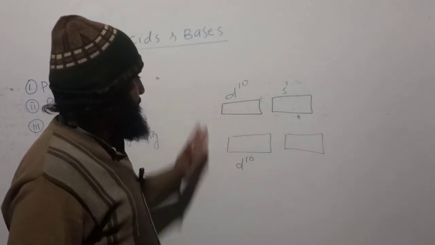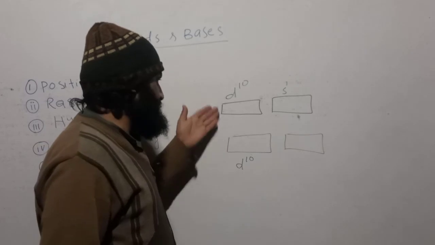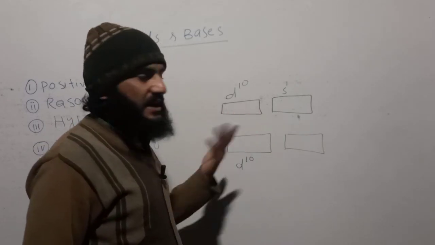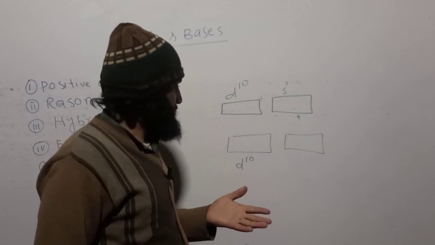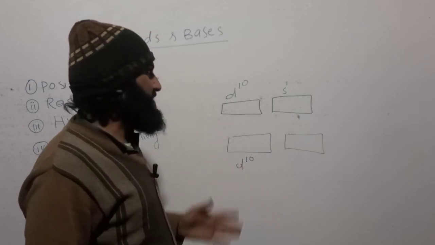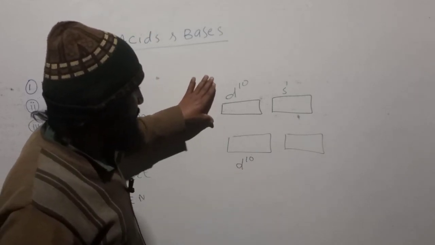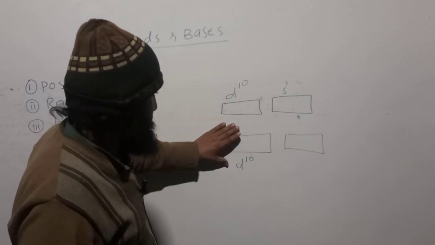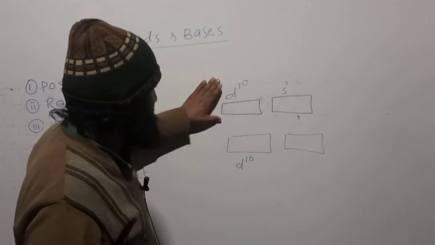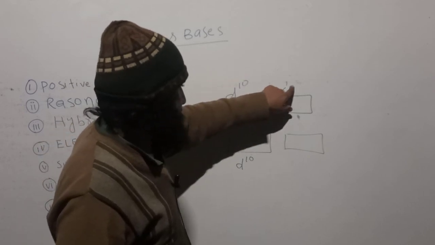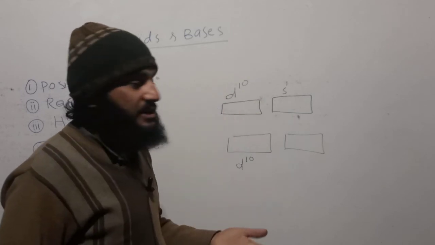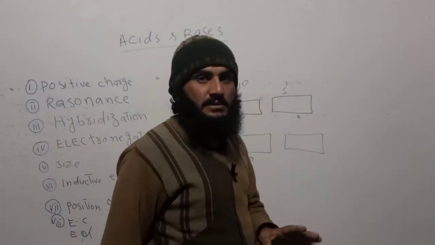So you can see here in these two configurations, these two species will attract electrons. Which one of the following will attract electrons more? Our guess is that this species will attract electrons more as compared to that, because this species has an unpaired electron. If it gets an extra electron, it will become stable.